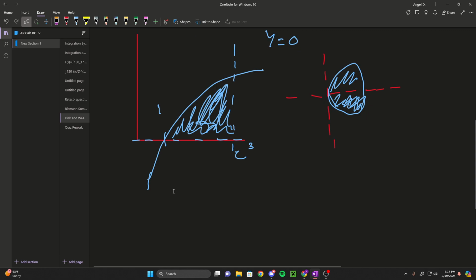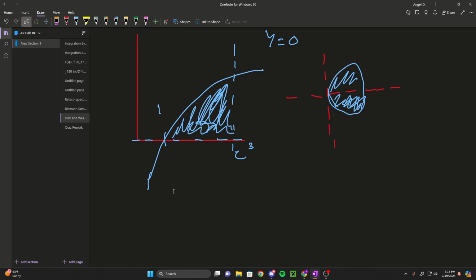So, your first approach would be, well, if I were to give this to you and you do nothing about revolution, you would probably be scared. But just like before, how an integral takes an infinitesimally small piece and multiplies and adds all of that from one point to another, and that will give us the area.